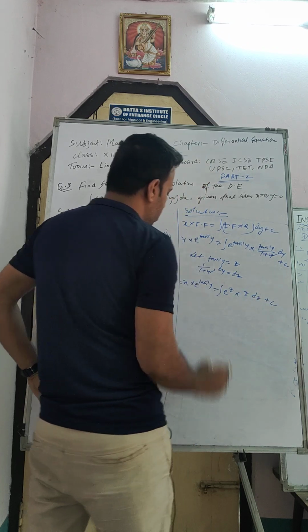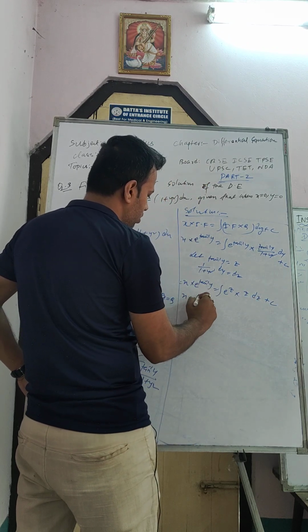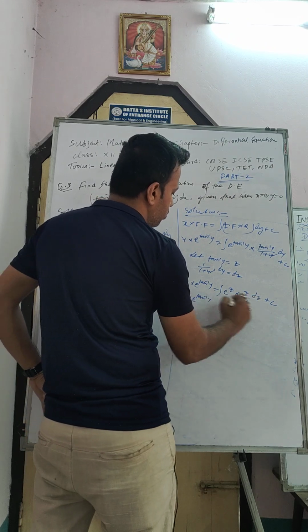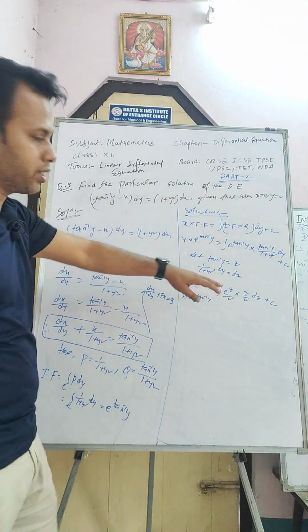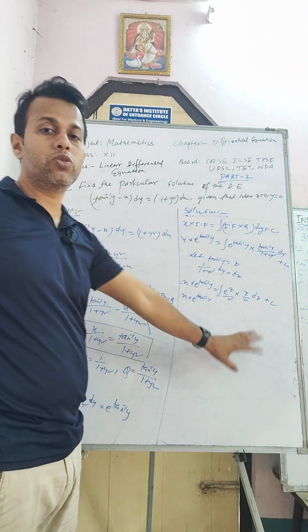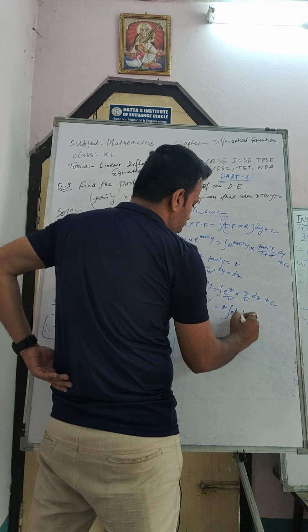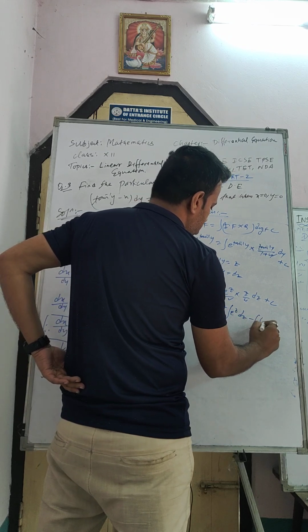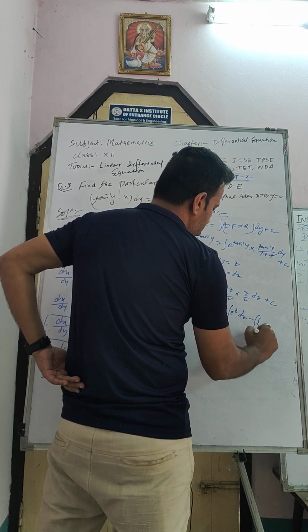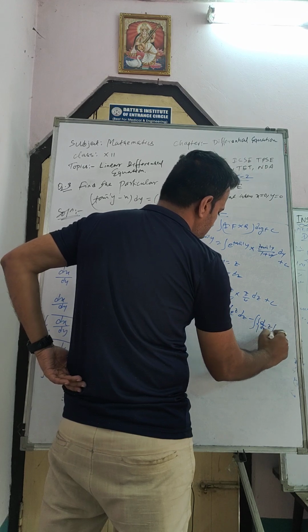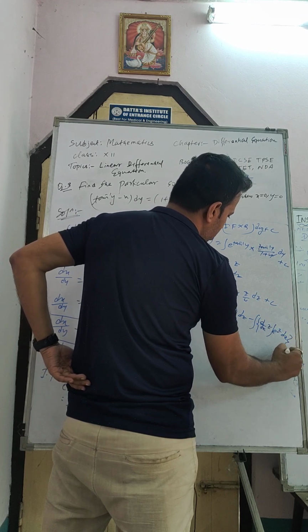dz plus c. Okay, so now here again it is in the form of u into v integration by parts, is not it? Again it is in the form of integration by parts, u into v. Fine. So what it will be: z e to the power z dz minus integration of d by dx of z into e to the power z dz plus c.